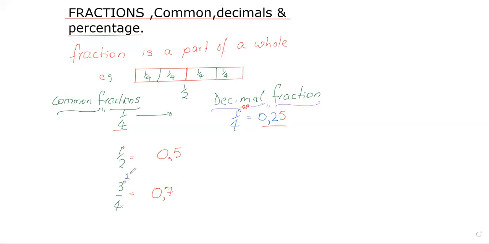We put a small 0 there. 4 into 20, that goes 5 times. So 3/4 is the same as 0.75.